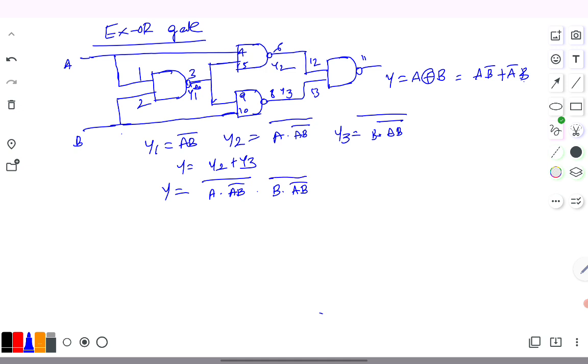See here we have to apply A B bar is equal to A bar plus B bar. We have to apply De Morgan's theorem. This one you consider as A B. Now apply De Morgan's theorem here.